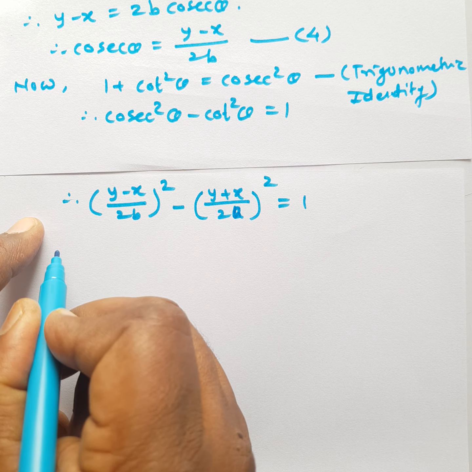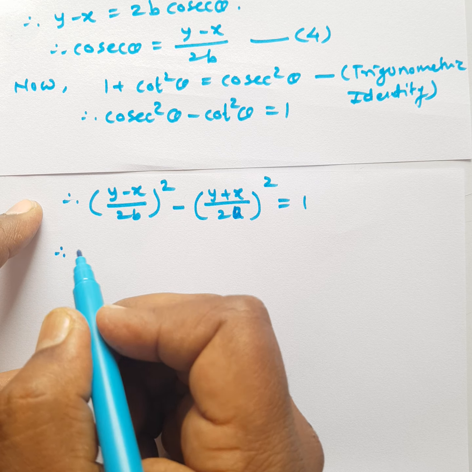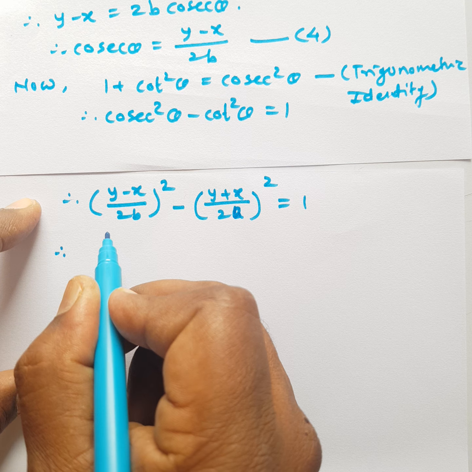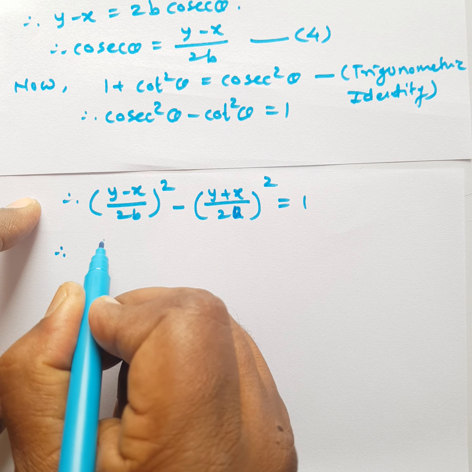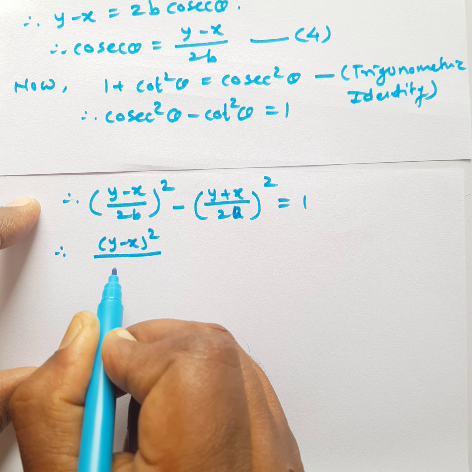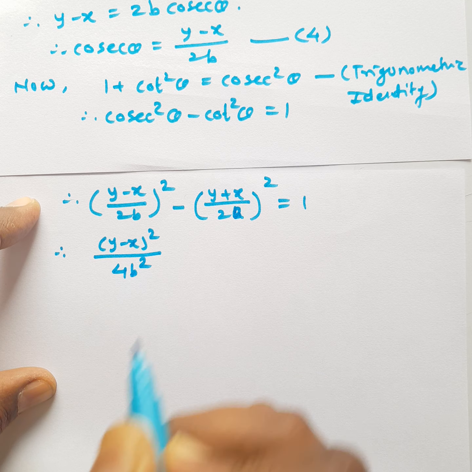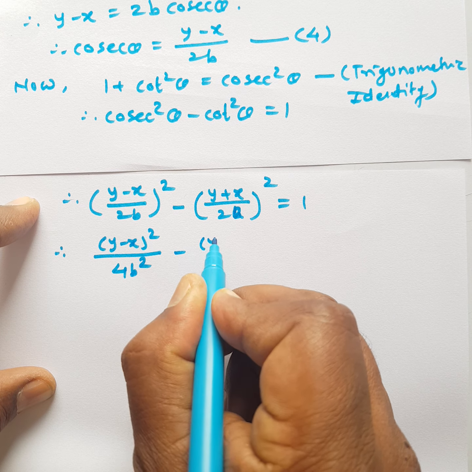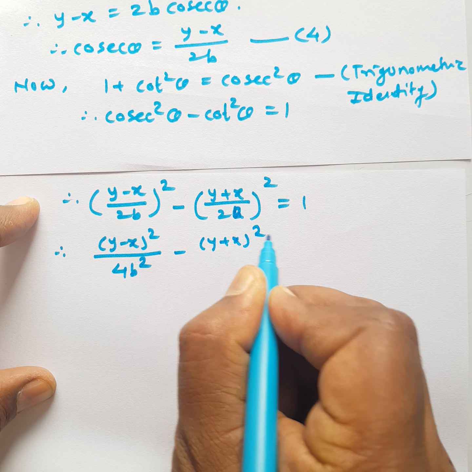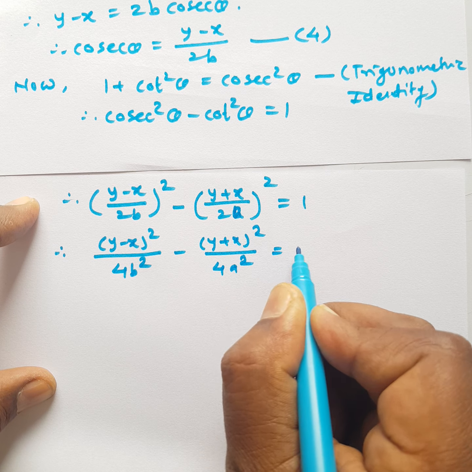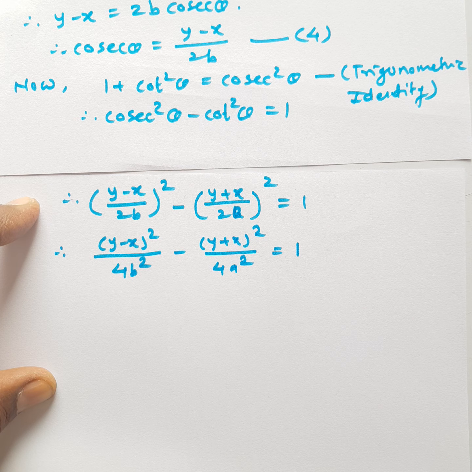Therefore, if we square the numerator and denominator separately, it will be y minus x bracket square upon 4b square minus y plus x bracket square upon 4a square is equal to 1.